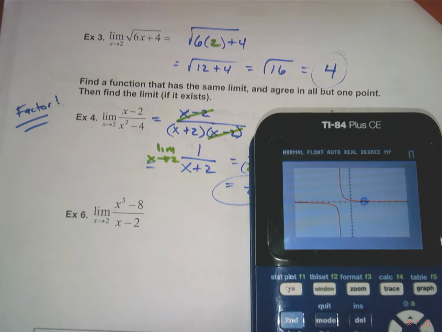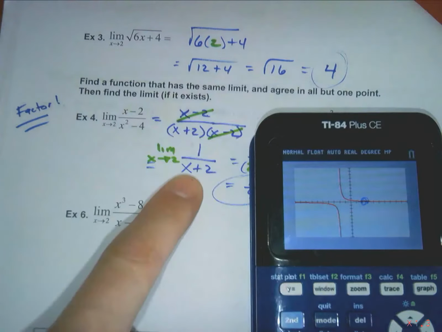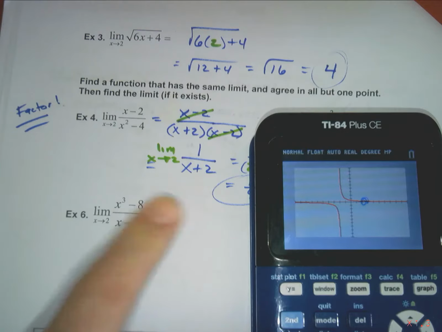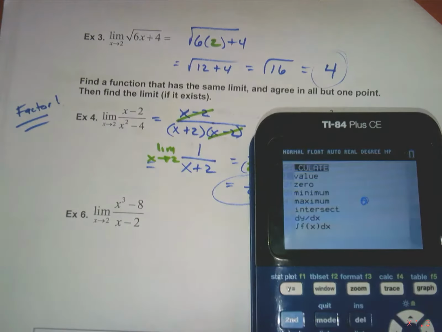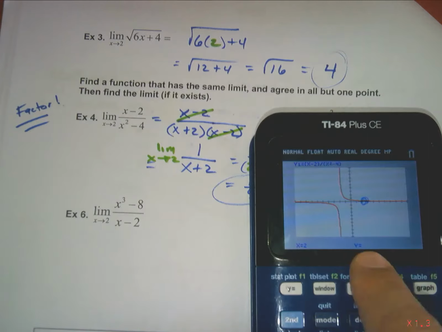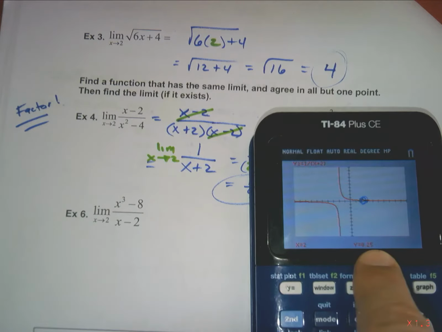On the blue one, there was a hole there. When we reduced it, we removed it, and now we've taken care of filling in that hole. So if I go second trace value now and I plug in 2, the blue one was undefined, but if I go down, now it's filled in. Okay, now I can find that limit. Okay, so these graphs look identical. Their limits are identical, just now I can plug that in and find it.